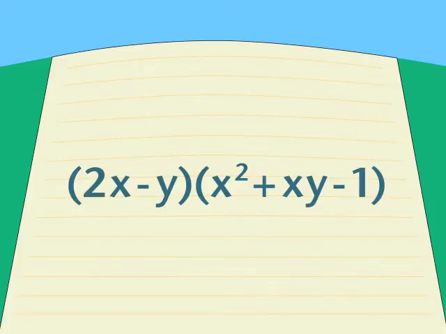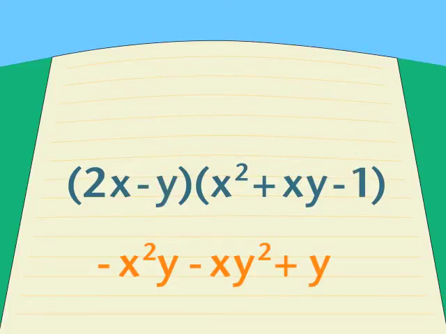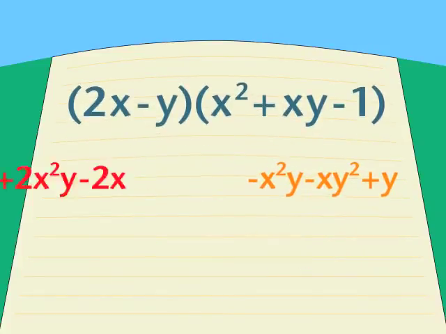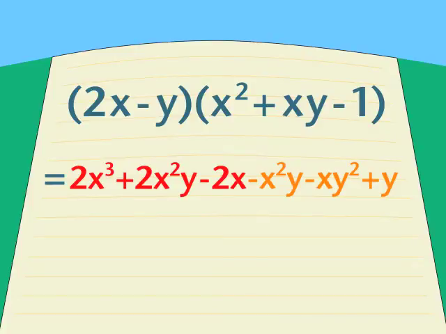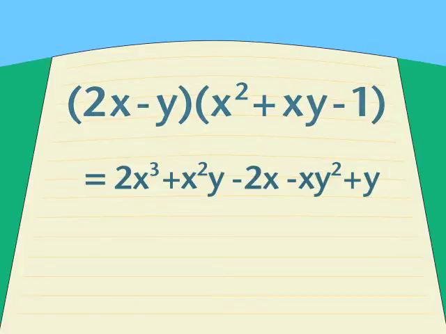Then I repeat the process with a -y and get the rest of the answer. So the problem and the full 6-term answer looks like this before we simplify by looking for the like terms. Did you find 2? And then we combine them to get the final answer.